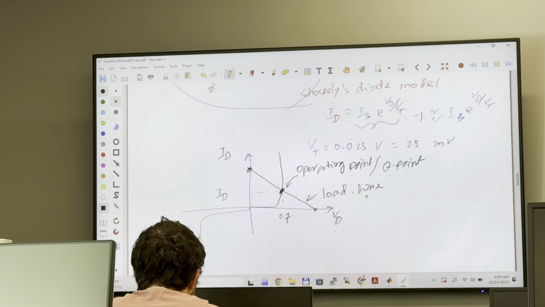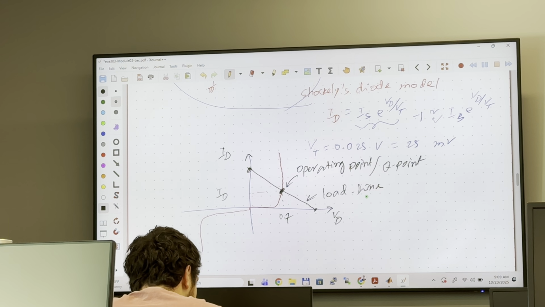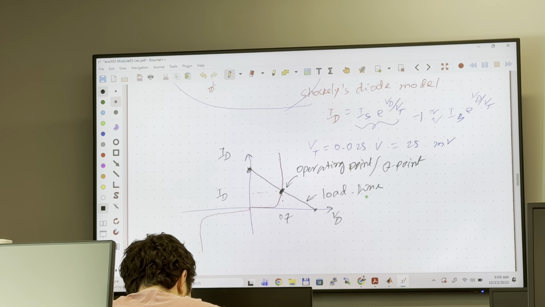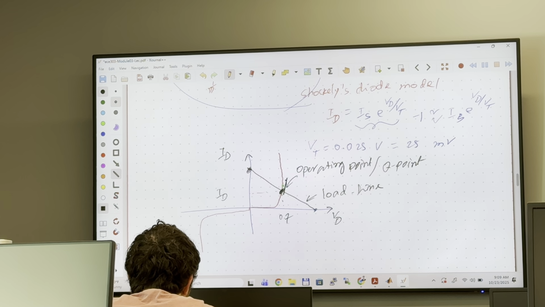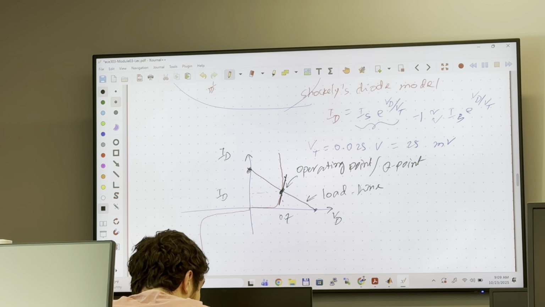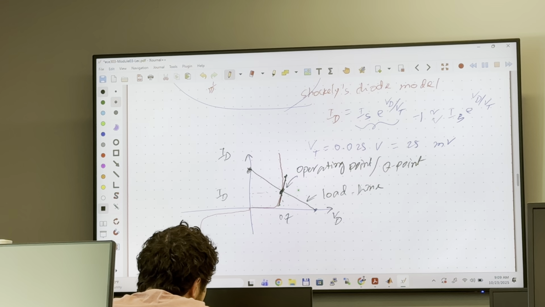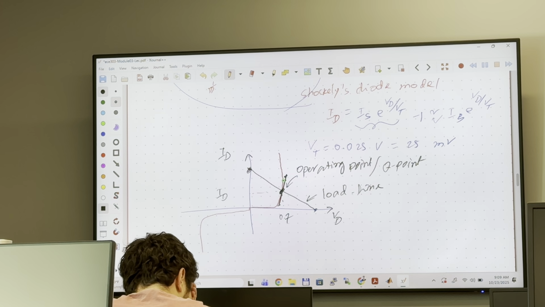You discard the higher order terms and keep the first term and the second term to make it linear around this operating point. So around this operating point, the behavior has to be linear. This is a straight line.